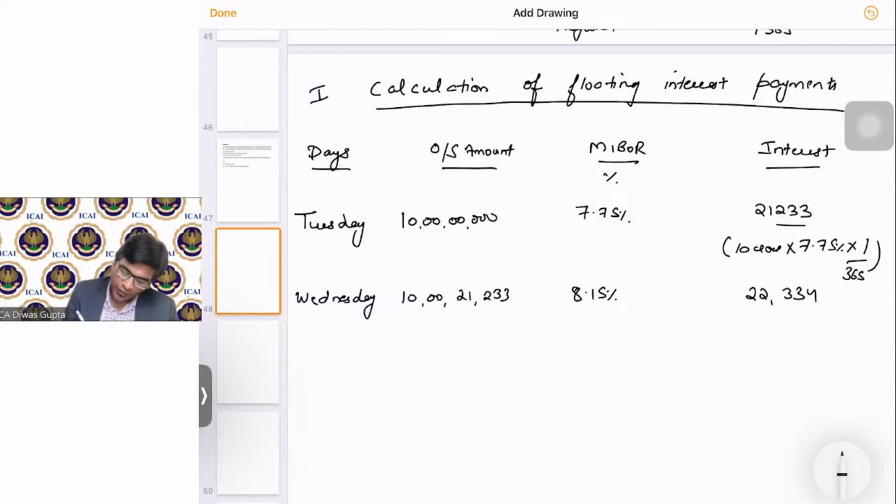Then for Thursday, the amount will again get added in the principal. So 10 crore 21,233 plus 22,334 comes as 10 crore 43,567.